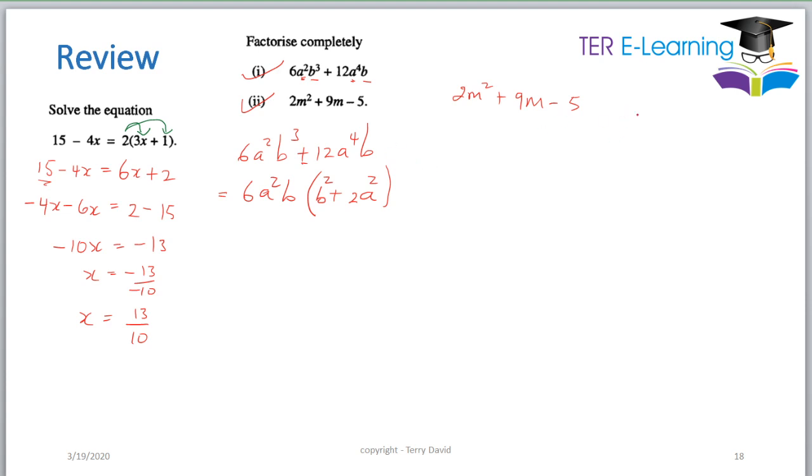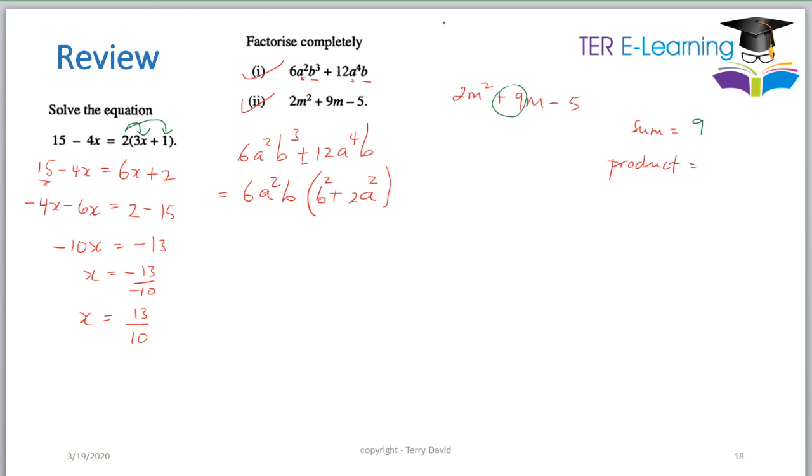Right? So the first thing we need to do, we need to find two numbers whose sum is equal to whatever this term is here. So my sum is 9 and my product, so this is product.